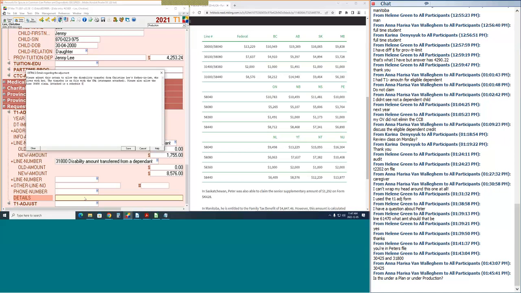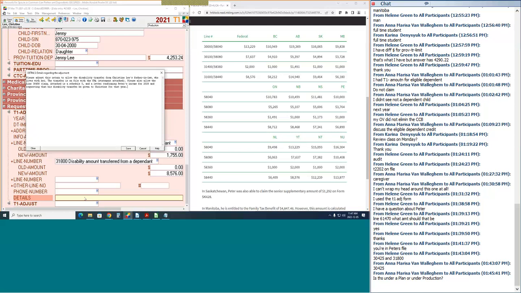Attached is a Schedule 5 and a letter confirming Peter's income for 2020 and requesting that his disability transfer be given to Christine for that year.